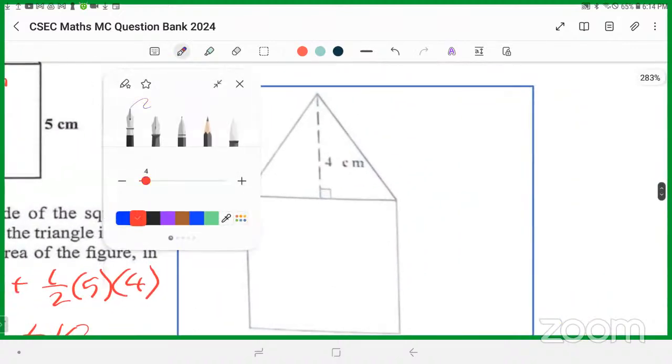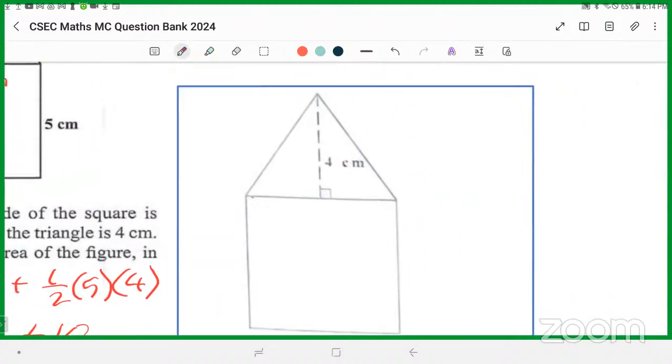Let's call the base x for now. So half of x times the height of 4 is equal to 14. Half of 4 is 2. Dividing by 2, you get x equals 7. So x is 7 centimeters.